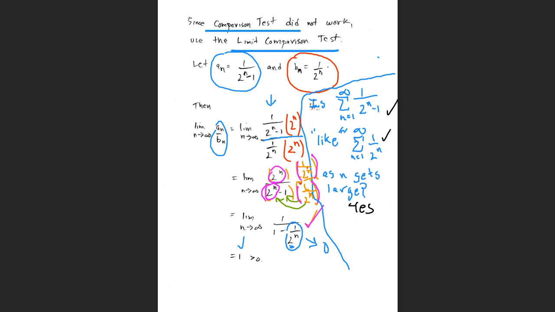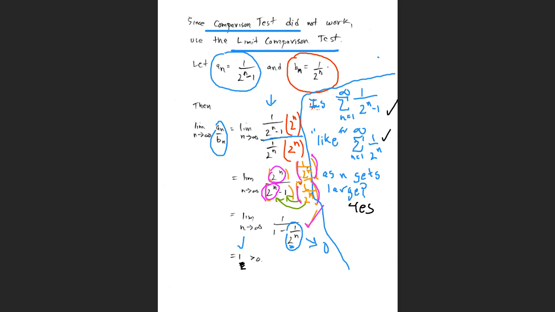As a matter of fact, because the ratio is 1, the terms are essentially equal between the two series as you go out towards infinity. If you look at the values of the terms of both series, they're essentially going to be the same. So the behavior of our series would resemble the behavior of the geometric series.